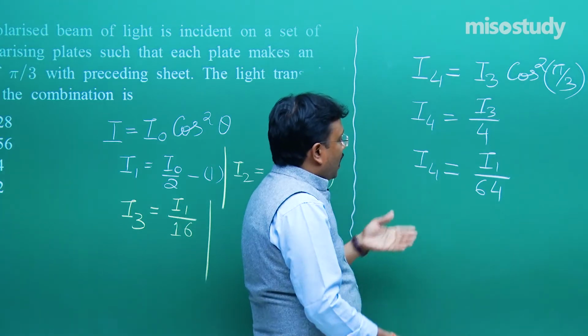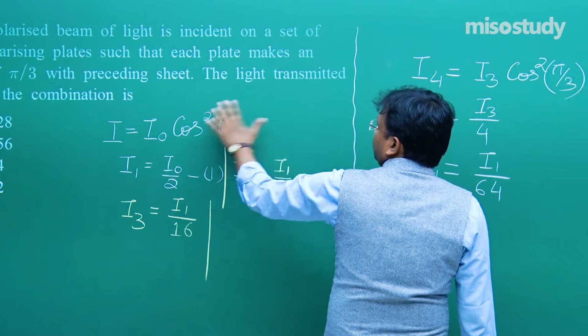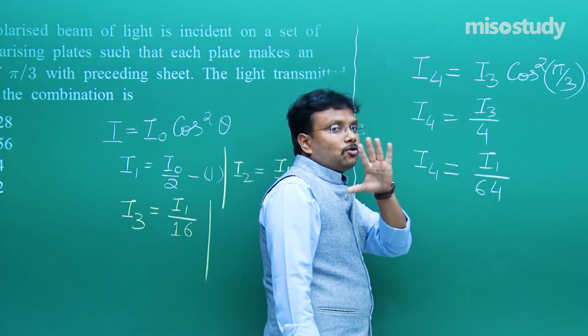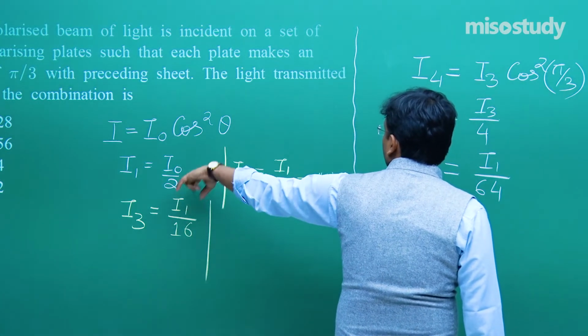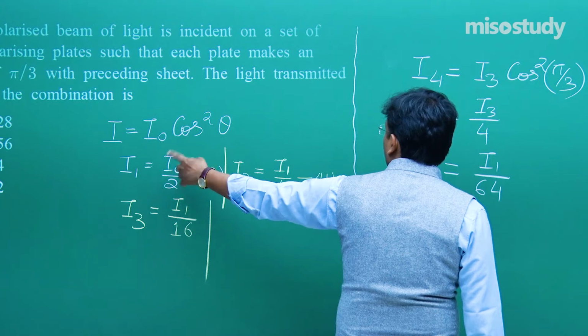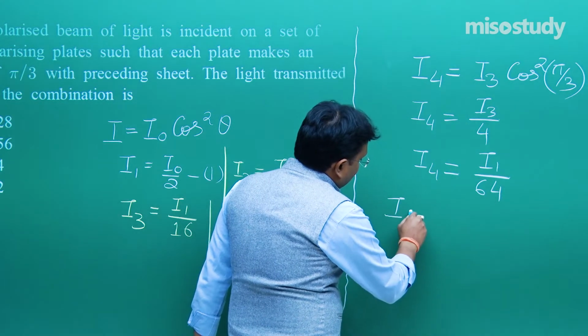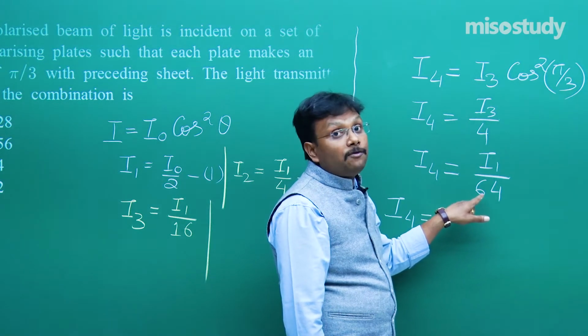Ultimately, we have to find the final intensity. Fine. The light transmitted through the combination, what is the final intensity? So what we are supposed to do now? Put the value of I1 from equation number 1 in this relation. Finally, I4 is equal to I1 by 64.